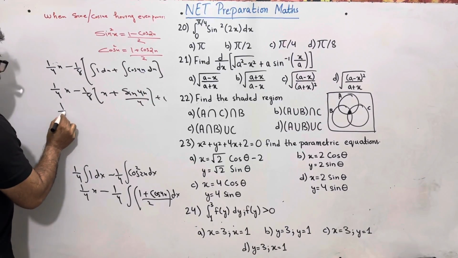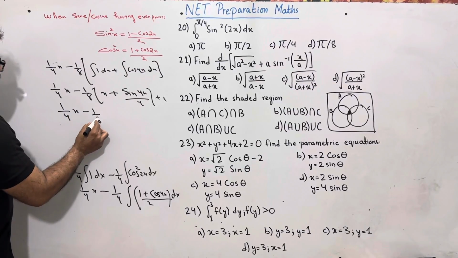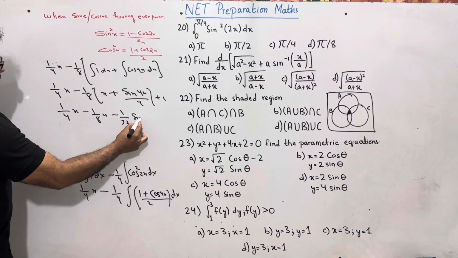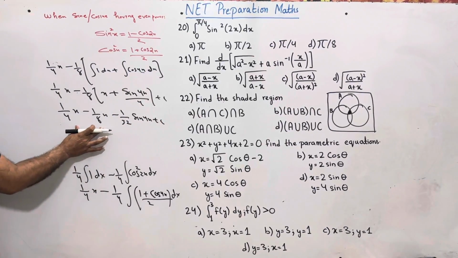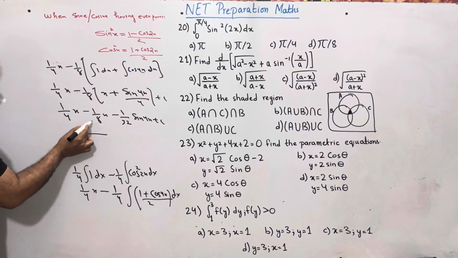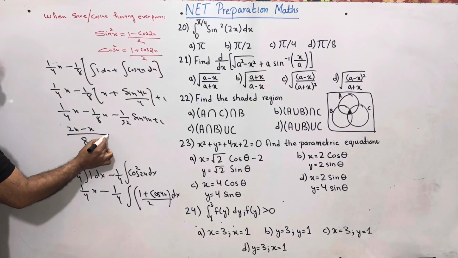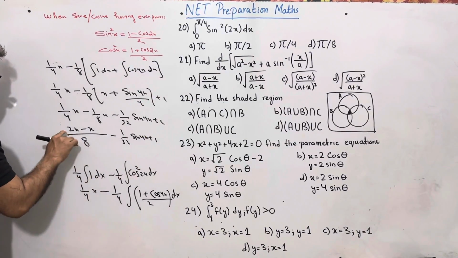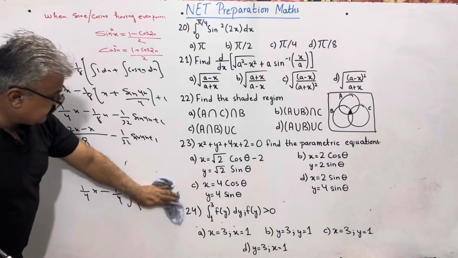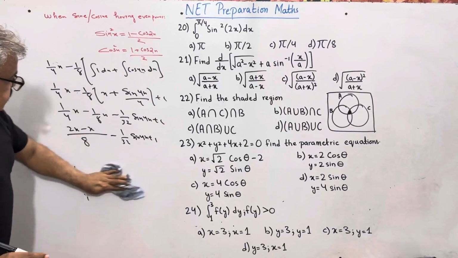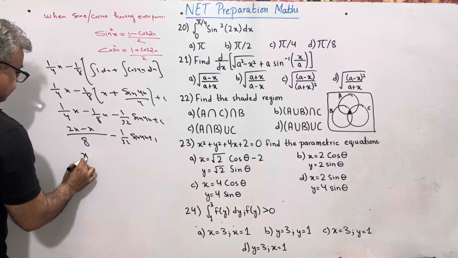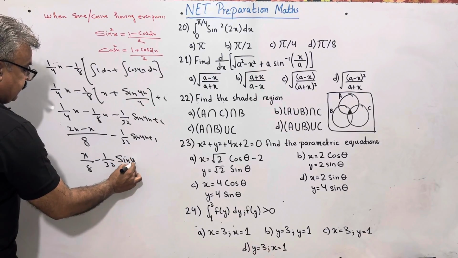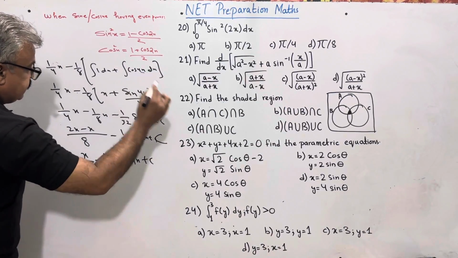Multiplying by negative 1 over 8 throughout, 1 over 4 x minus 1 over 8 x minus 1 over 32 sine 4x plus c. Taking LCM as 8, it becomes 2x minus x, so x over 8 minus 1 over 32 sine 4x plus c.